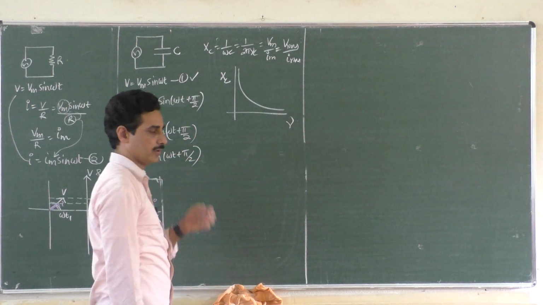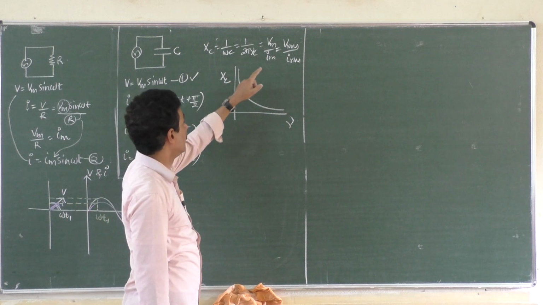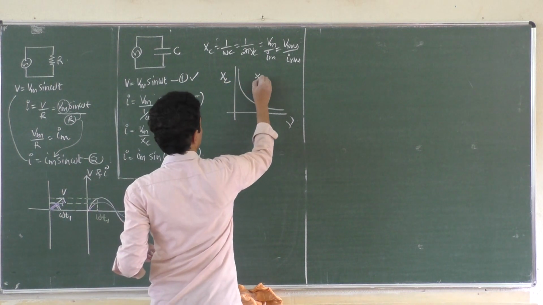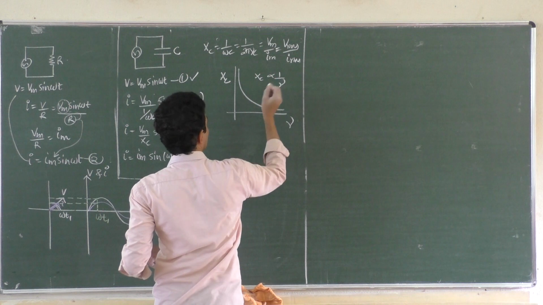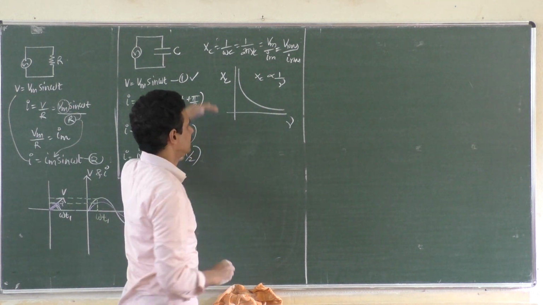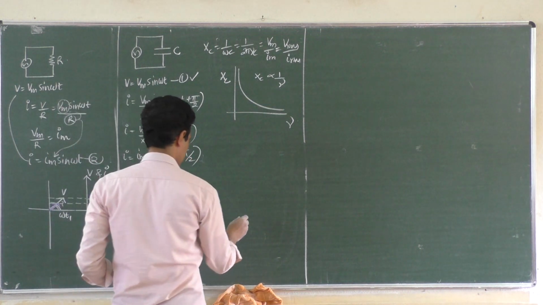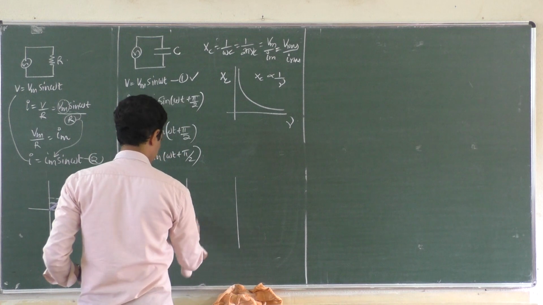It doesn't become 0. It doesn't touch either the X or Y axis, because XC is inversely proportional to frequency. If XC has to become 0, nu has to become infinity. So it doesn't touch.